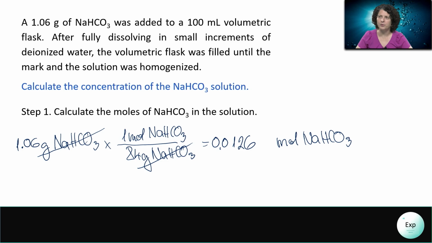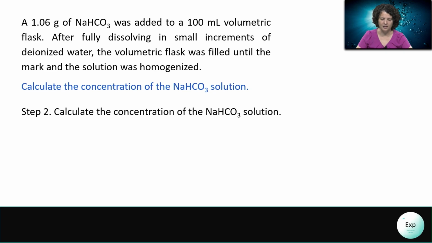Once you know the number of moles, you will have the volume from the volume of the volumetric flask, and you can simply take your moles divided by your volume, convert it to liters, and get the concentration.